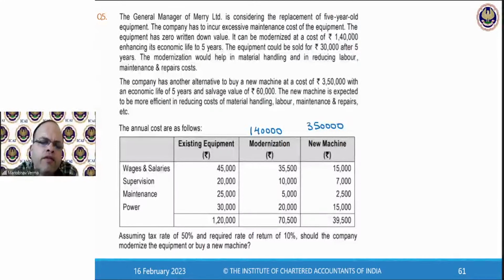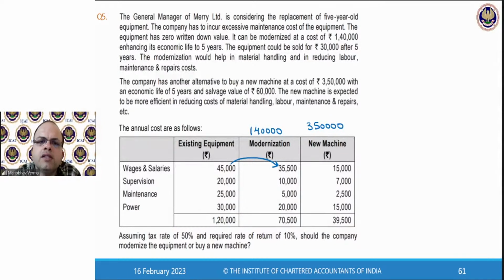Now, this 140 is something you have, and we need to understand the additional or the difference in the annual cost. What we will do, guys, is an ideal scenario, because we are looking at replacement either via modernization or machine, and we are focusing on incremental, we will first compare 45 and 35,500.